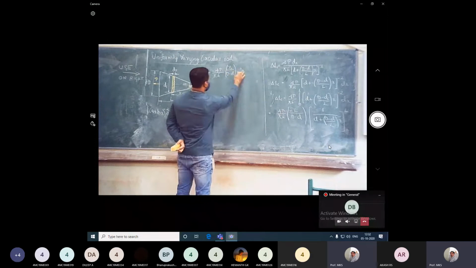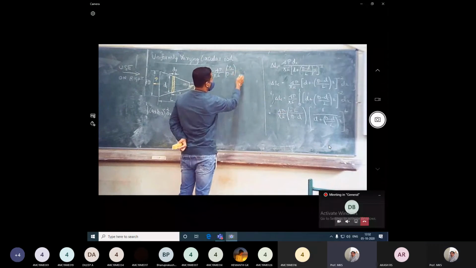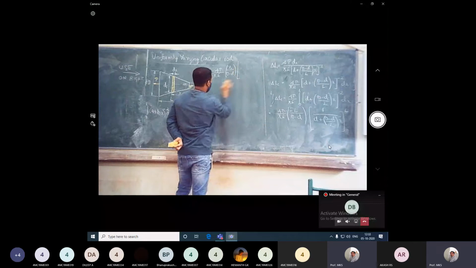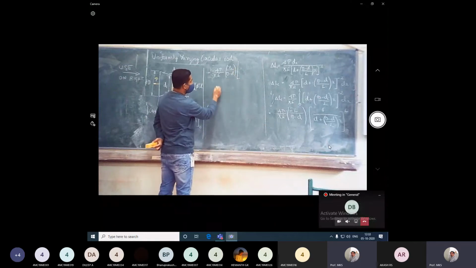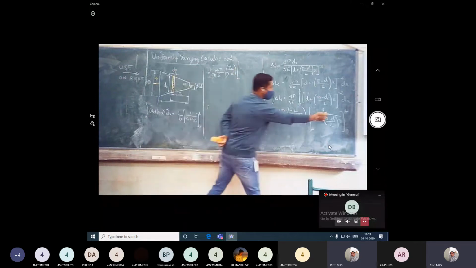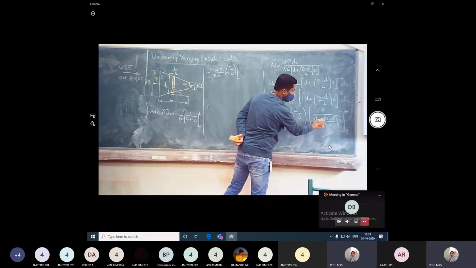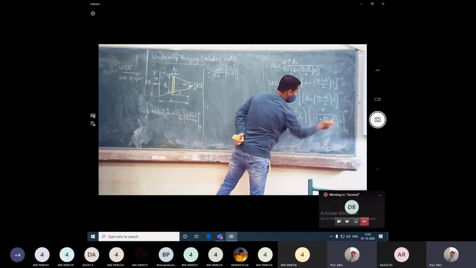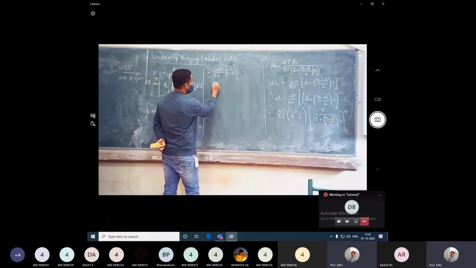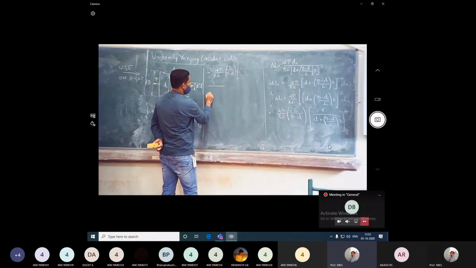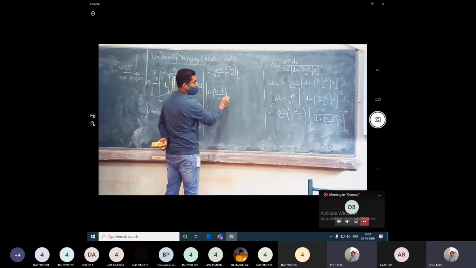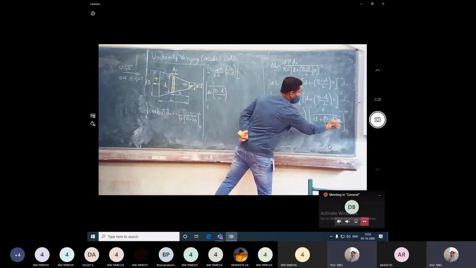So you need to apply the limits for this. I'll just write it at the bottom. So apply the limit first, L: 1 by D plus d minus D by L into L. That is the first limit. Then X is the limit you need to apply.